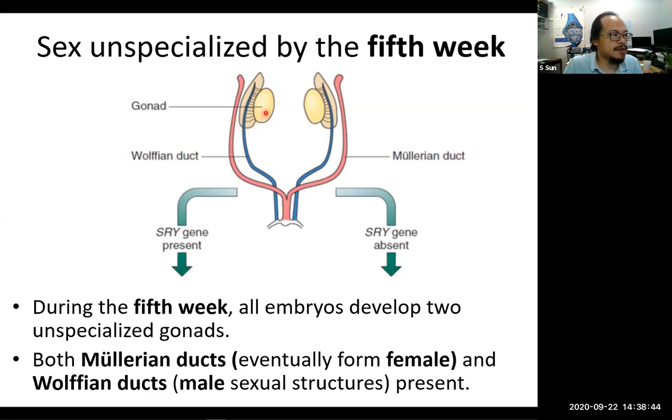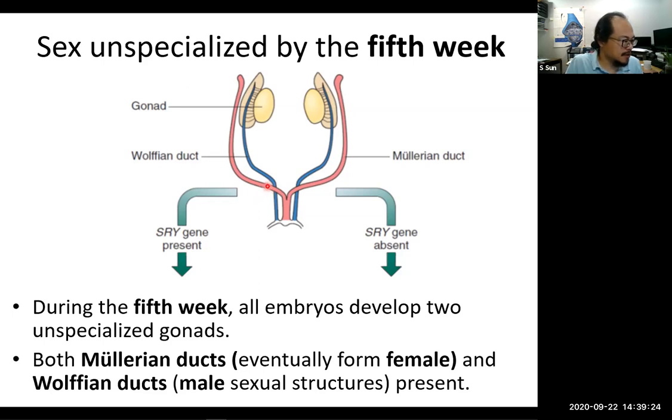We have the gonads. These gonads could become either the ovaries or the testes. If it's the ovaries, then this will become the uterine tubule. If this is the testis, it will fall down here, and these will become the vas deferens, the male sex tract, right?